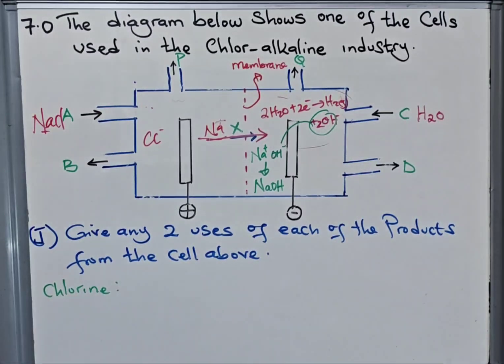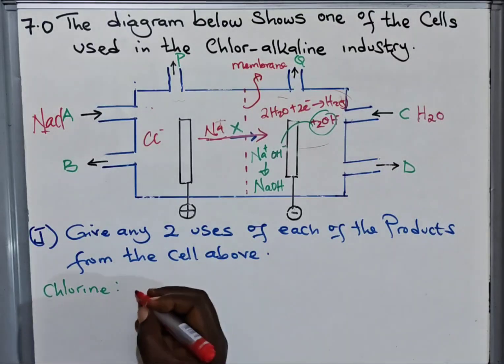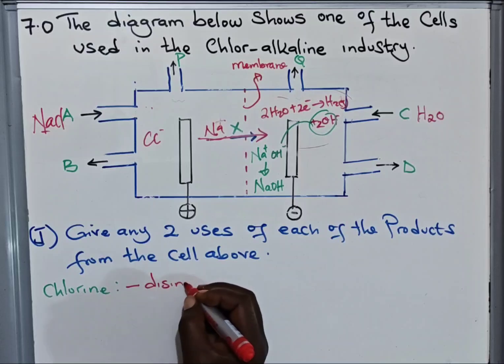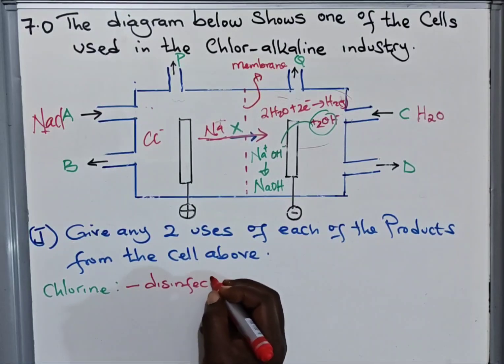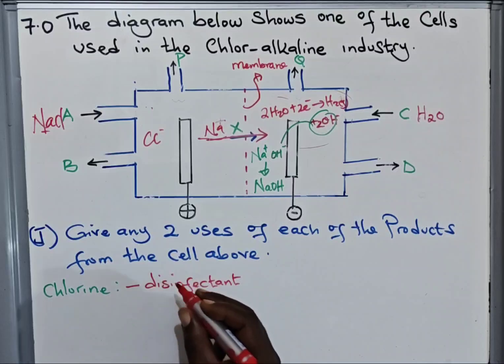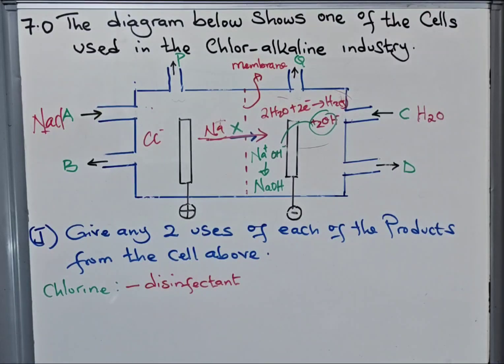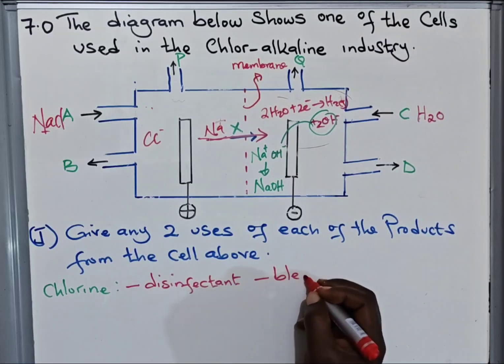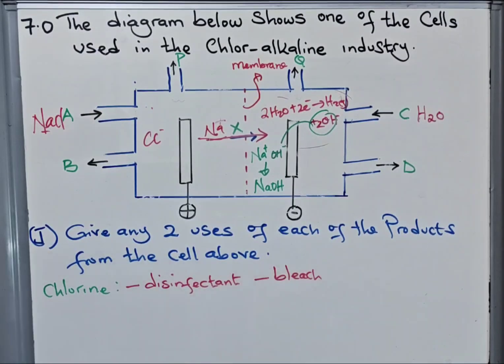So what are the uses of chlorine? First one, it is used as a disinfectant. It has the capacity to kill microorganisms. Secondly, it is used as bleach, and many other uses.